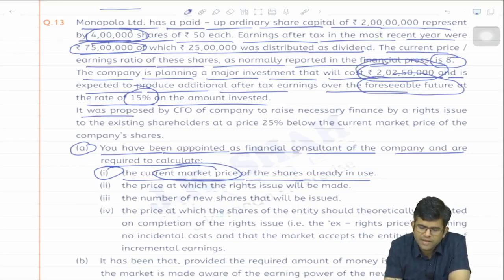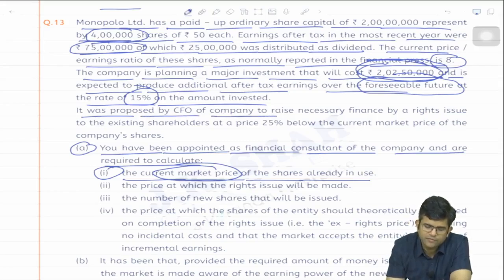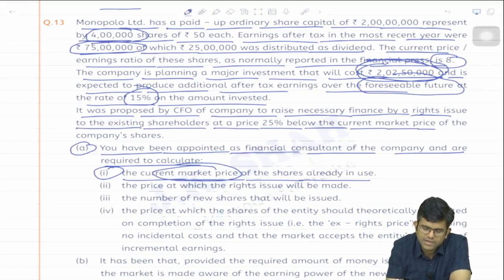Now can I say this money has to be raised? 2 crore 2 lakh 50,000 has to be raised. So what are they saying? It was proposed by the CFO to raise this money by a rights issue to the existing shareholders at a price 25% below the company's market price.